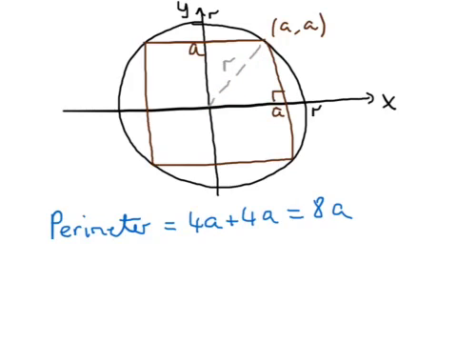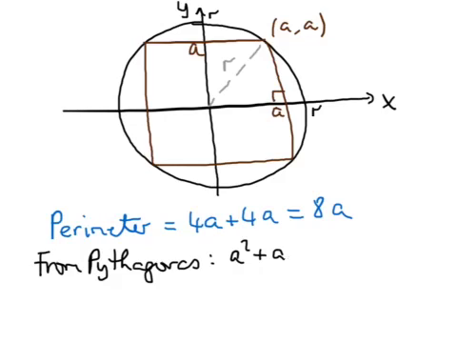So 2a squared is equal to r squared. A and r are lengths, they are clearly positive. So this therefore tells us that a is equal to r divided by the square root of 2.